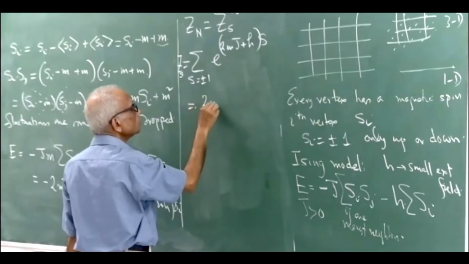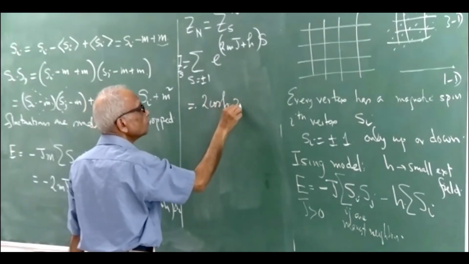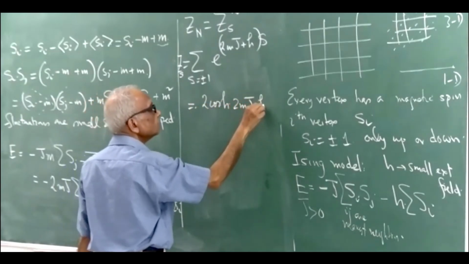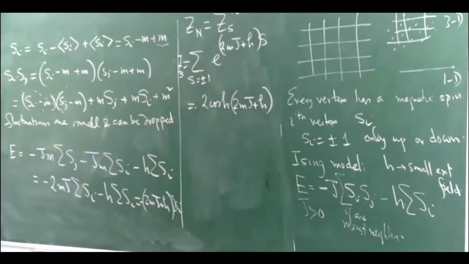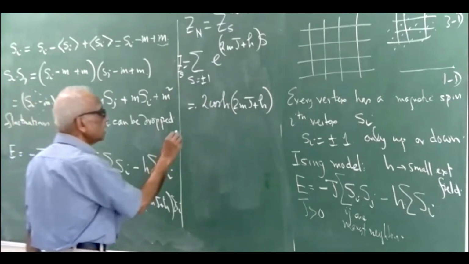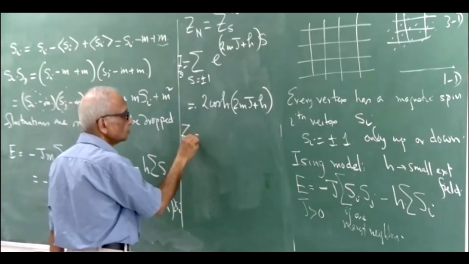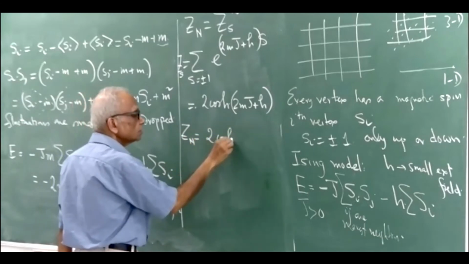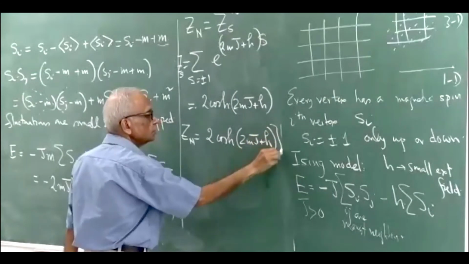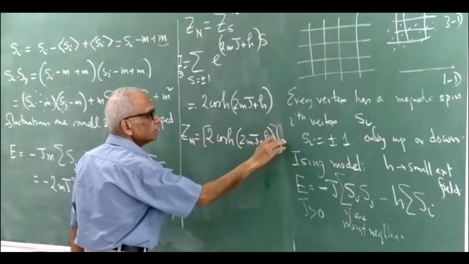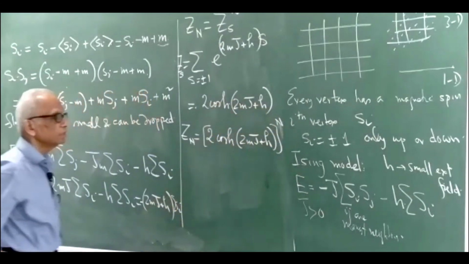And so it is 2 cosh(2mJ plus h). So if s is equal to plus or minus 1, that is your answer. The Zn is this raised to the power n. So it is cosh(2mJ plus h) raised to the power n.